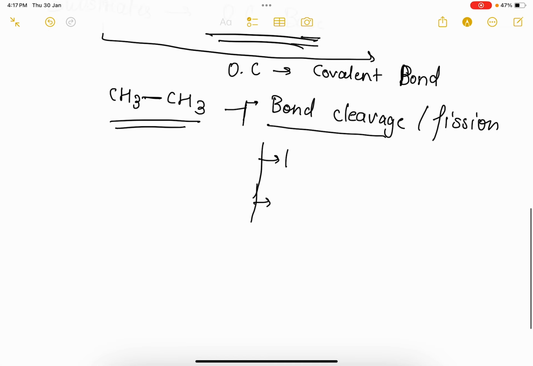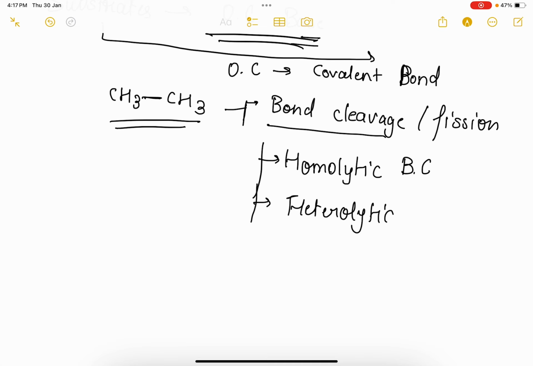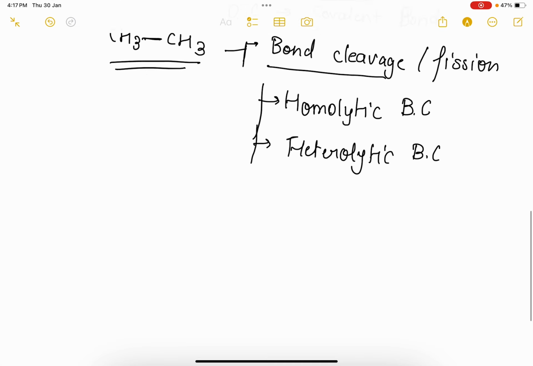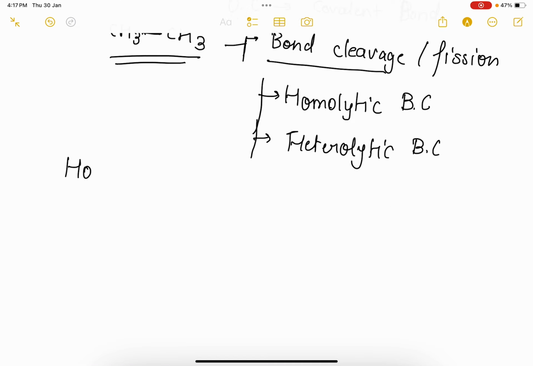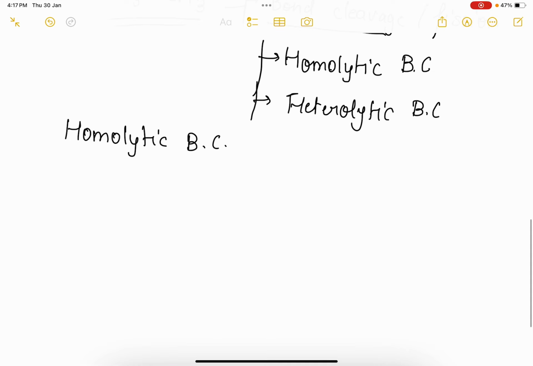The first one is homolytic bond cleavage, and the second one is heterolytic bond cleavage. First we have to understand what is homolytic bond cleavage. Suppose there are two elements, A and B, attached to each other by a covalent bond.